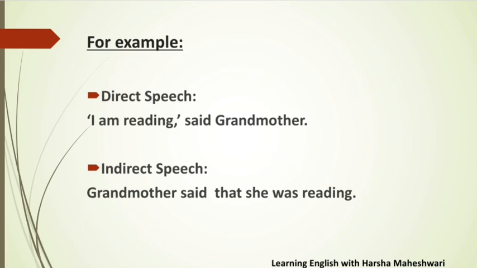When we write the same sentence in indirect or reported speech, we would say, "Grandmother said that she was reading." Notice there is a difference between direct and indirect speech. We have changed "I" into "she" and "am" into "was."